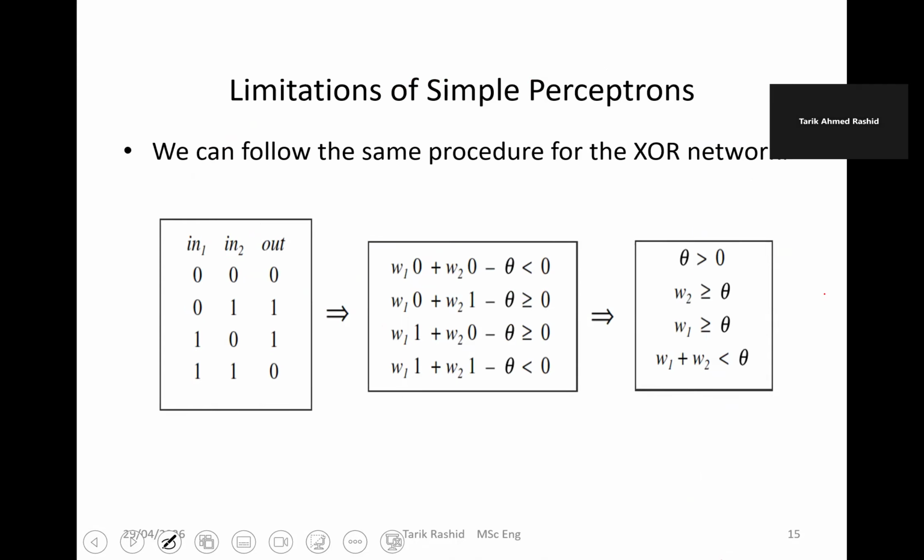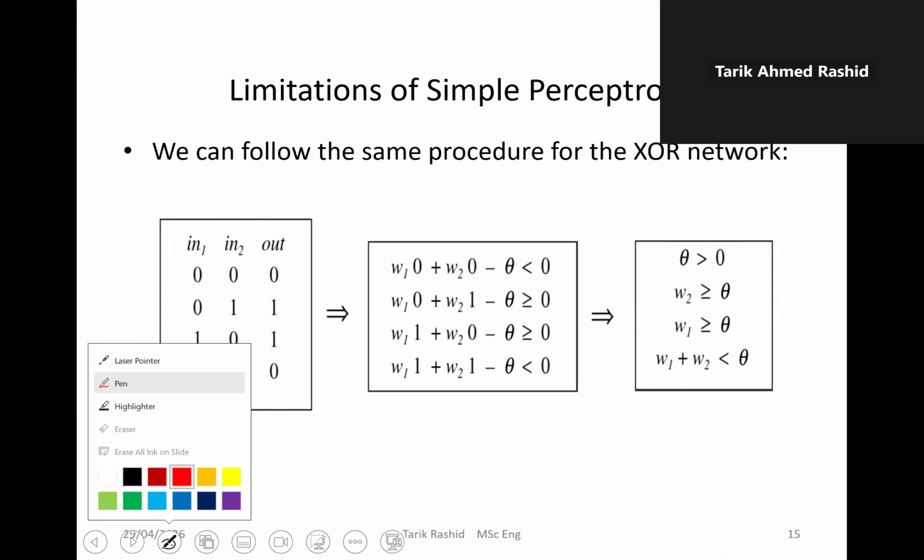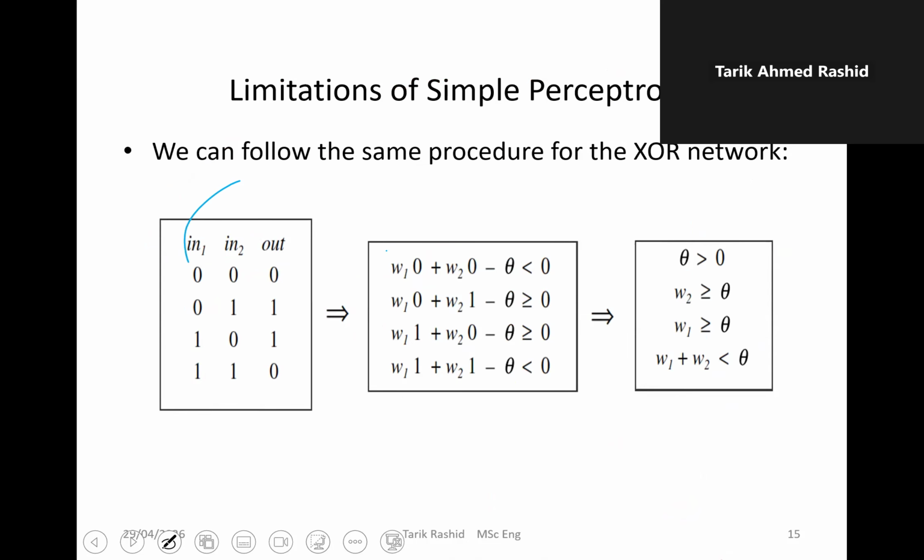Now, the limitation of XOR. Here, the first input is multiplied by W1 and the second input, 0, is multiplied by W2. So theta, take it to the other side, it will be theta greater than 0.